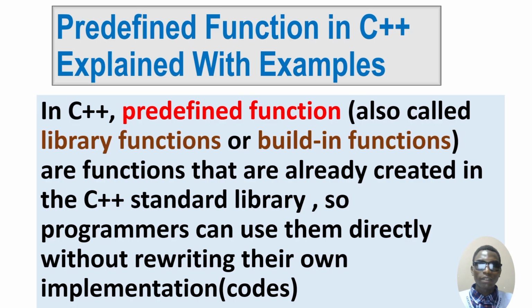To mean, they are already created. You don't need to create them, you don't need to develop them, you just use them, but they are already developed, right, in the standard library of this C++ programming language. Programmers can use them directly without rewriting their own implementation or code.